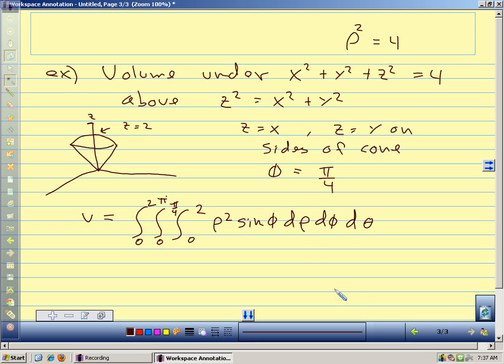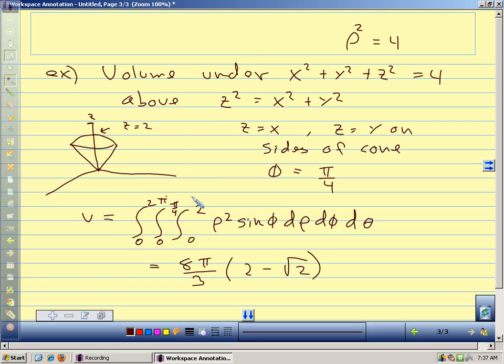And we decided yesterday, when we evaluated this, that it came out to 8 pi over 3 times 2 minus square root 2, I think is what it came out to. So this setup is much easier than the setup in cylindrical coordinates. In cylindrical coordinates, we had to figure out what the intersection of the two surfaces was so we could get our region in the xy plane.